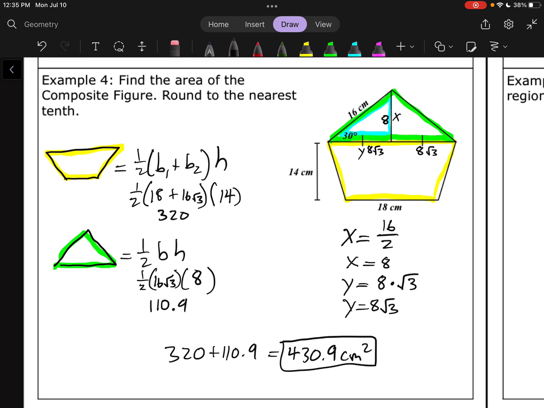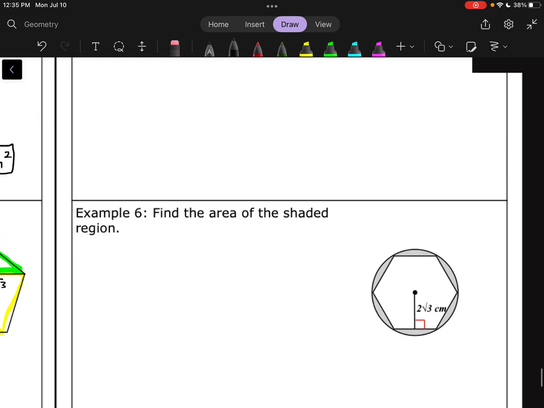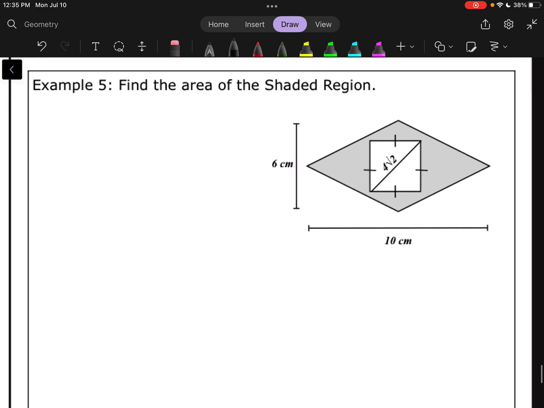All right, let's go to the last ones here. Okay, this one is our first one that says find the area of the shaded region. So for this one, what we're going to do is find the area of the big shape and then subtract the area of the square in the middle. So the big shape looks like it's either a kite or a rhombus, probably a rhombus.